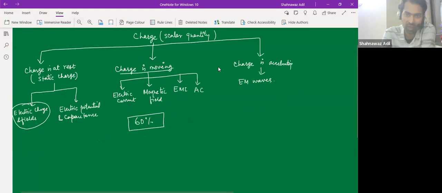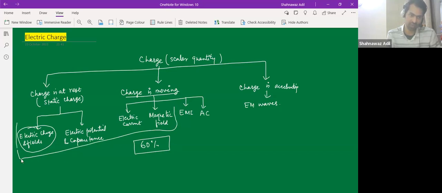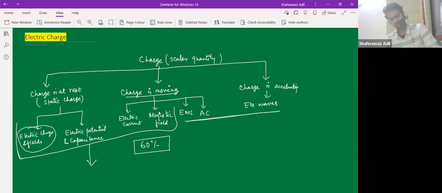These four chapters are the major chapters, and this will take most of the time. These other chapters are very small ones, but these four chapters are the biggest chapters, so most of our time will go into discussing these topics. You guys quickly note it down, and whenever you have noted it down, please let me know.